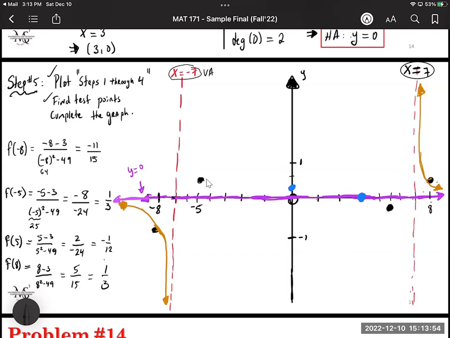If you look at these values, are they increasing or decreasing? Decreasing. So that means that as you're approaching -7 from the right, the graph should start all the way up, decrease, and as you're getting closer and closer to the second vertical asymptote, x equals 7, it should continue to decrease. So it looks something like this.